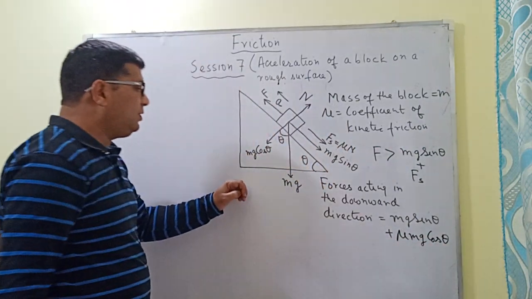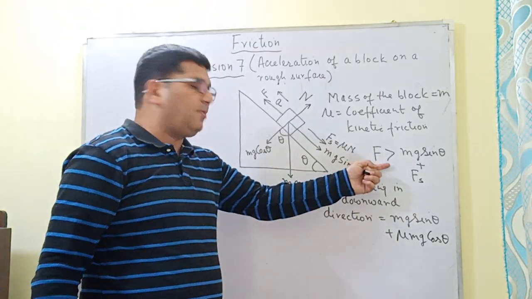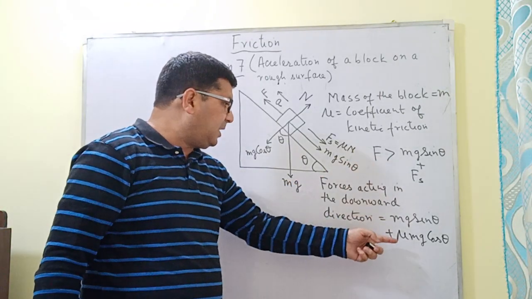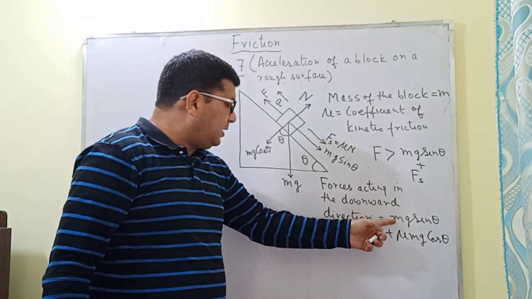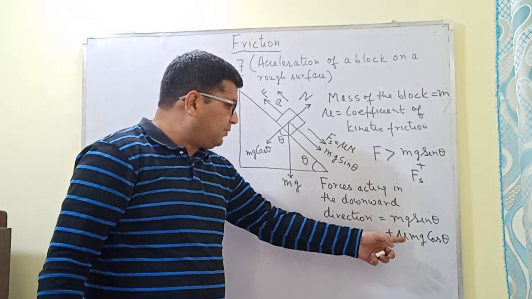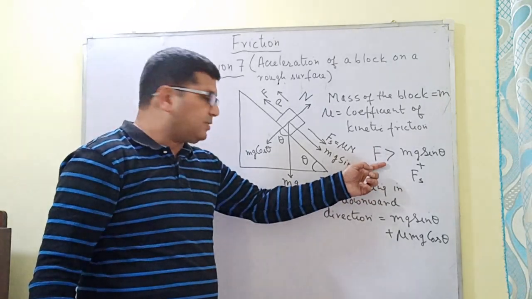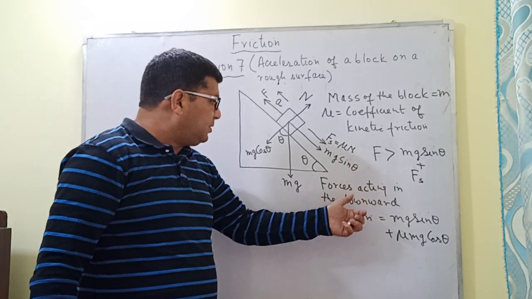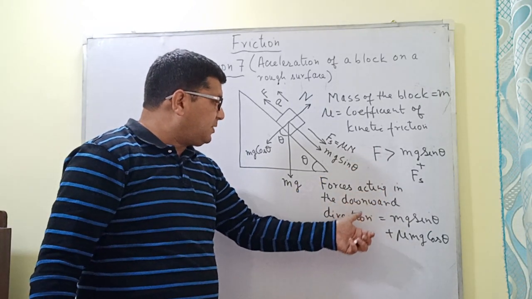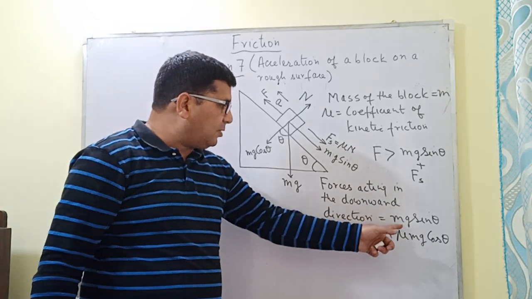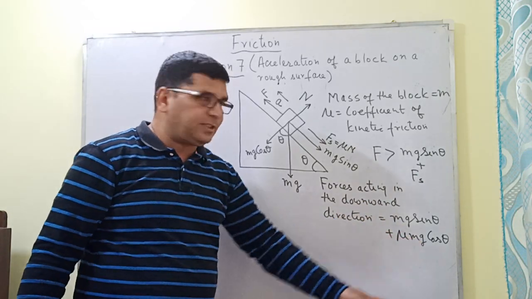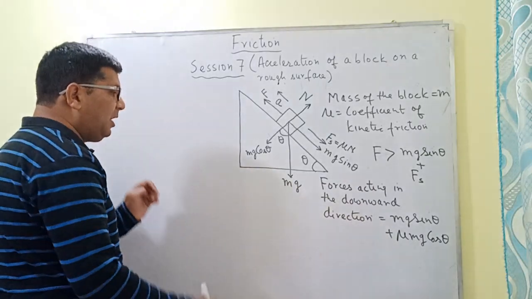So when the applied force is more than the forces which are acting in the downward direction, which is equal to mg sin theta plus mu mg cos theta, then this body will start moving in the upward direction.